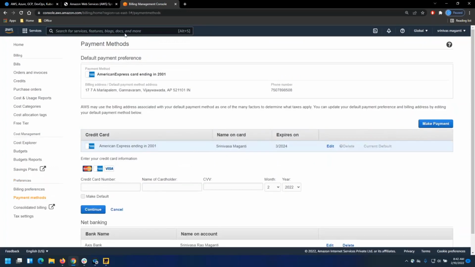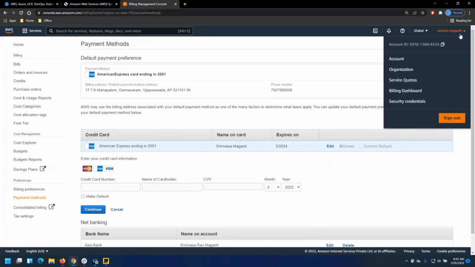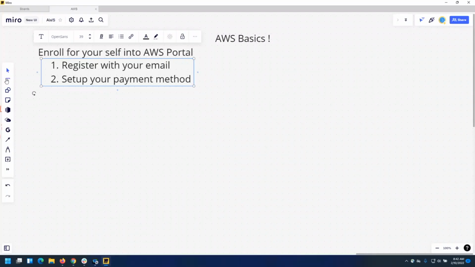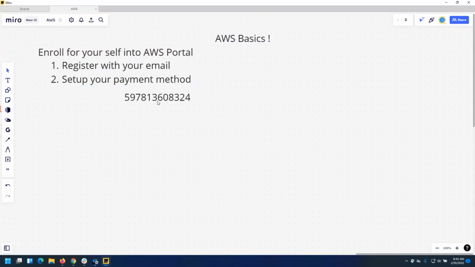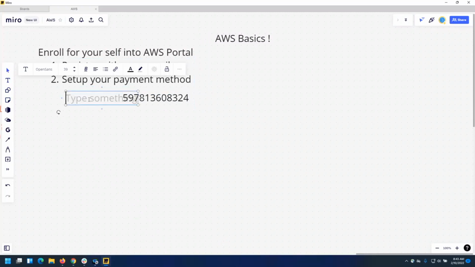Now, whenever you log into your account, the first thing you need to note is your account ID. If something is to be tracked, it will be tracked using your account ID. This is one unique account ID.